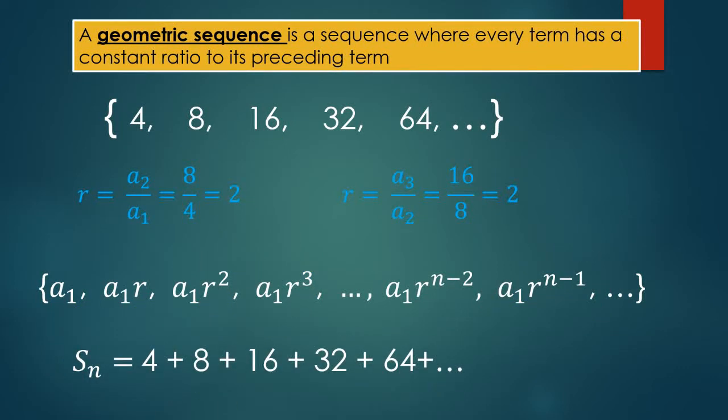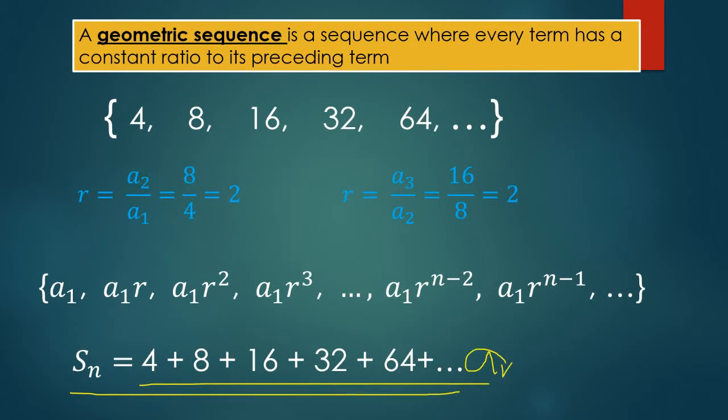With this, we can also write it in this way. The series for a geometric sequence is equivalent to the summation of the geometric sequence, which is 4 plus 8 plus 16 plus 32 plus 64, up to a sub n.